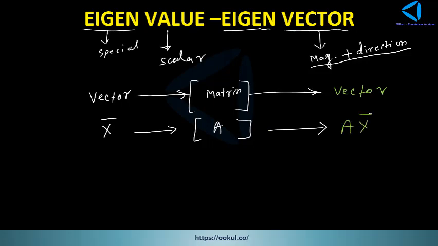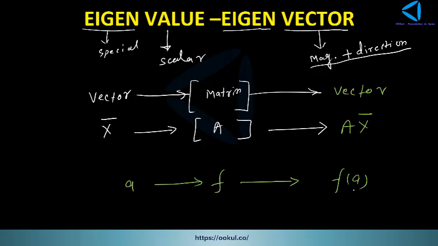It is exactly similar to what you have studied in calculus. Like if you have a function f, you are giving a value a, it will emit a function value f(a). Okay, so this is about the matrix.